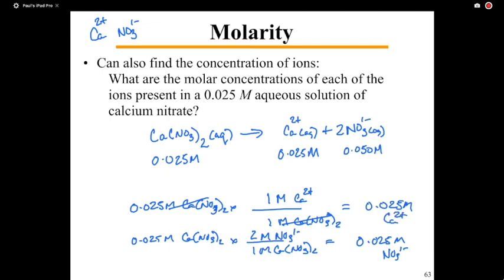What I have done is I have a ratio here of 1 to 1 based upon the compound. For every 1 compound, I have 1 calcium 2 plus. And in the case of nitrate, for every 1 compound, I have 2 nitrates. So I got a ratio from the compound itself. The other ratio I can get is from a balanced equation.